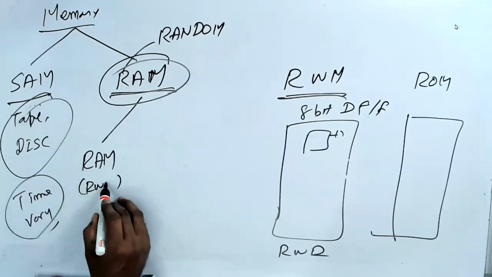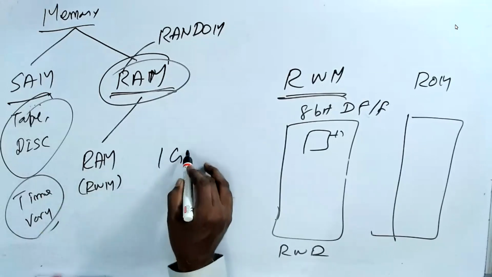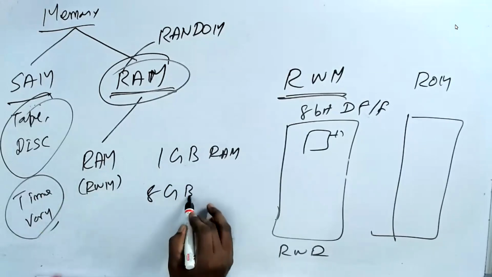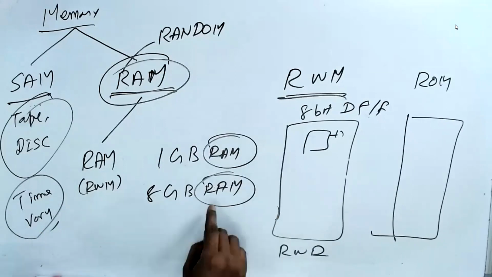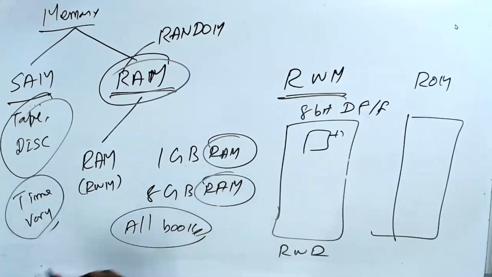This is RWM. You should know this because you are an engineer, not a common man. In your laptop, everywhere, you say I have 1 GB RAM, I have 8 GB RAM. These are not actually RAM. If somebody asks you the expansion of RAM, the college, the data book, everywhere we have been told to say random access memory, because all the books write RAM as random access memory.